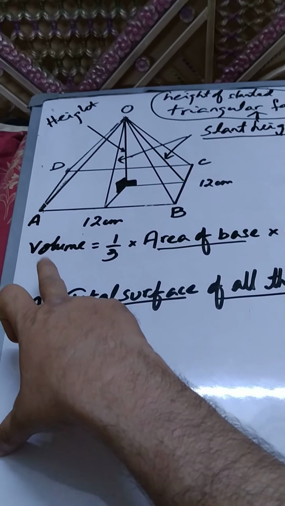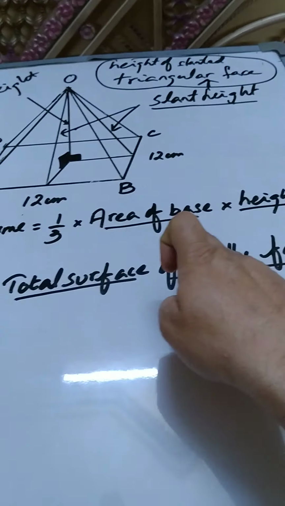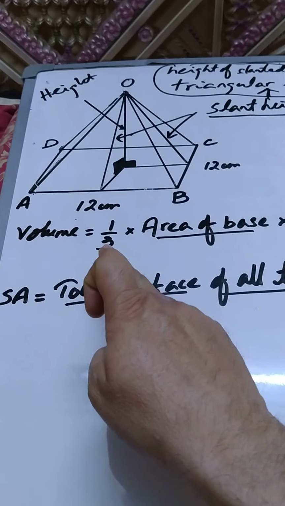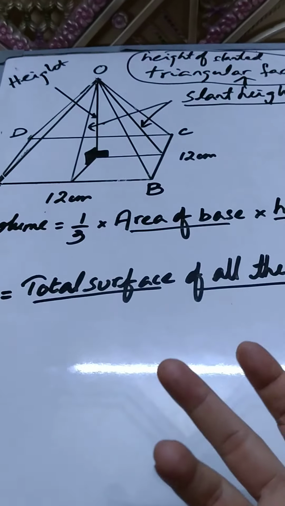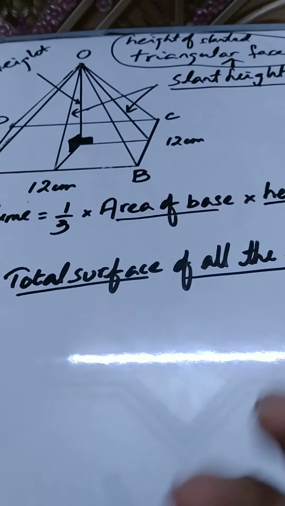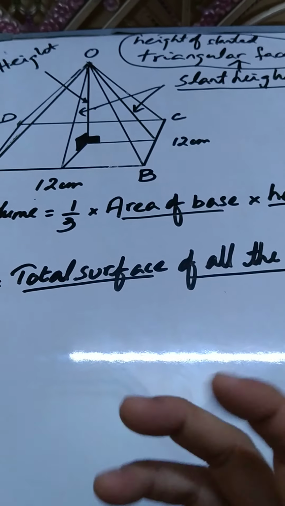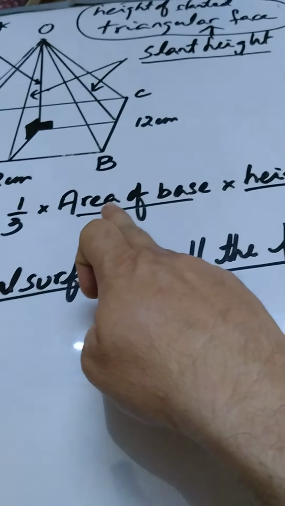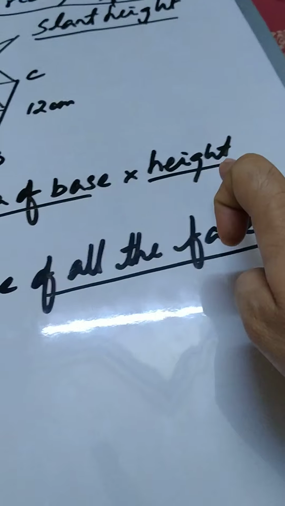So whenever we are finding the volume of a pyramid, the formula is always, when your teacher or I or anyone in any book says find the volume of the pyramid, one third multiplied by the area of base, meaning area of polygonal base, into height of pyramid.